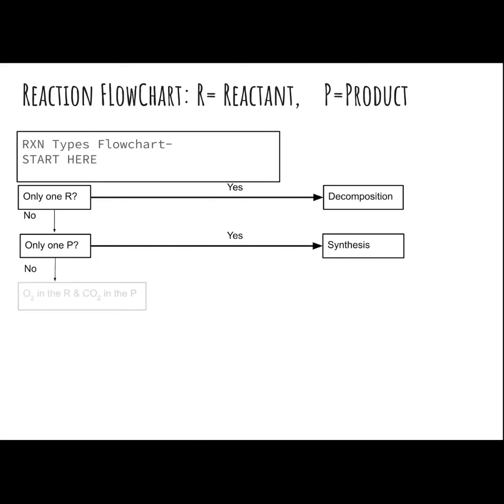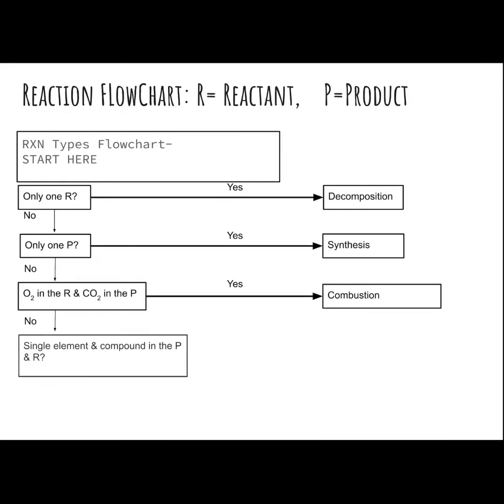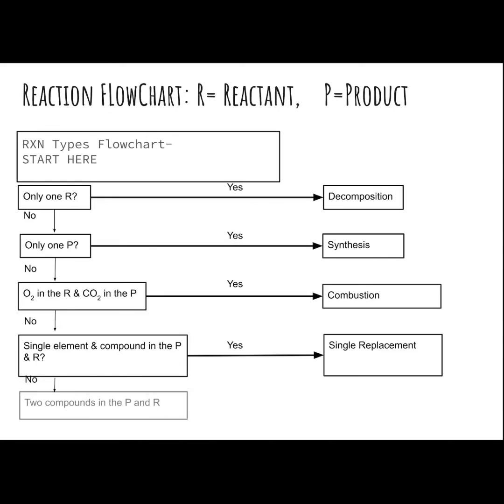If you say no, and there's O2 in the reactant side and CO2 in the product side, that's going to be a combustion reaction. If you say no to that question, and there's a single element and a compound on the product side and the reactant side, that's going to be a single replacement reaction. If you say no to that last question, you're going to say, are there two compounds on both sides? If you say yes, that's a double replacement reaction.